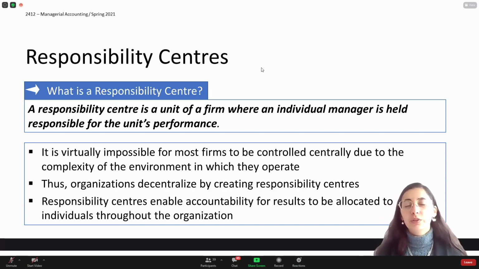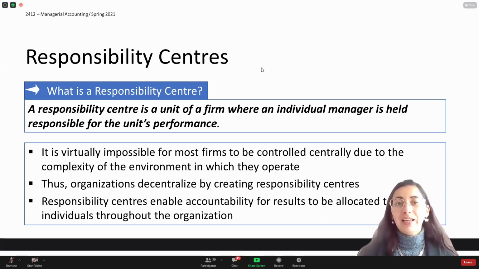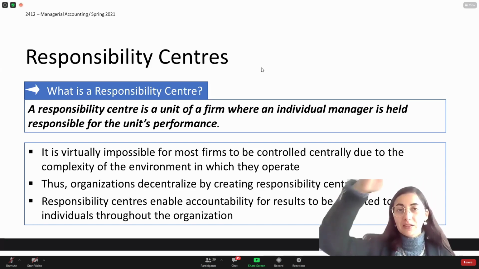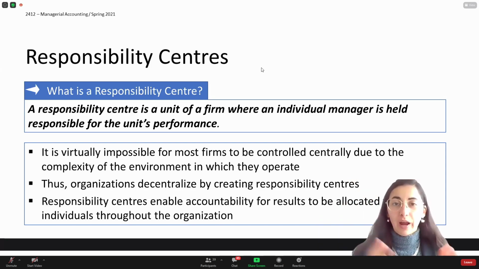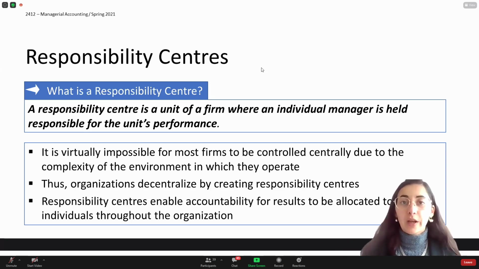Why is it important to have responsibility centers? Because it enables accountability. If there's no one responsible for that unit's performance, so if we only have the CEO responsible for everything, obviously as the company grows, the CEO cannot manage everything by himself.